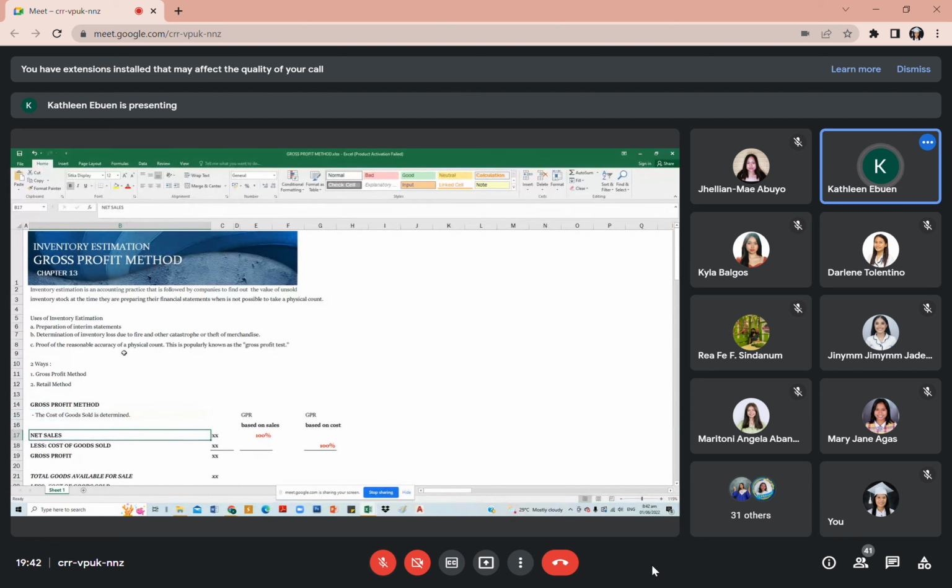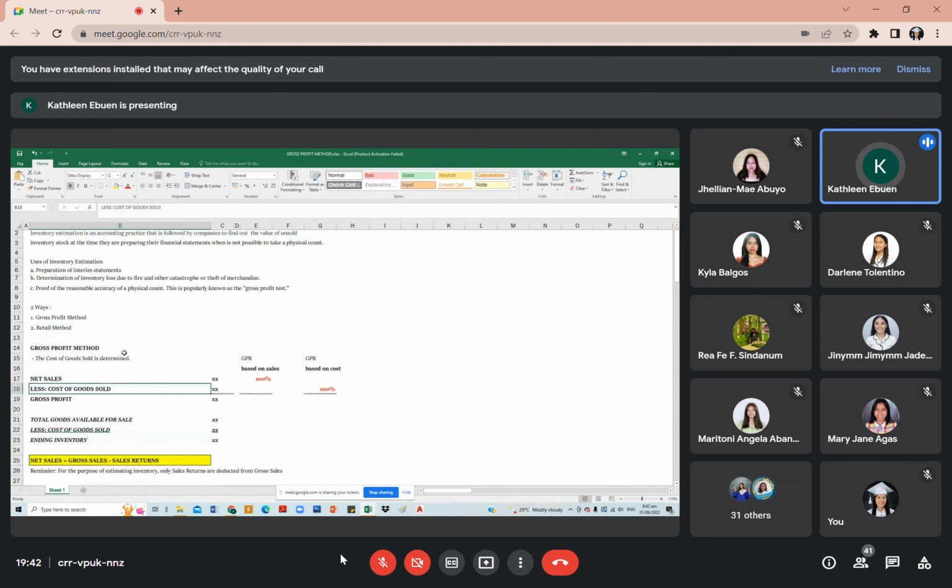Sa net sales less cost of goods sold is equal to gross profit. Tama ba? Tama ba class? Gamit nyo na ba to? Okay.